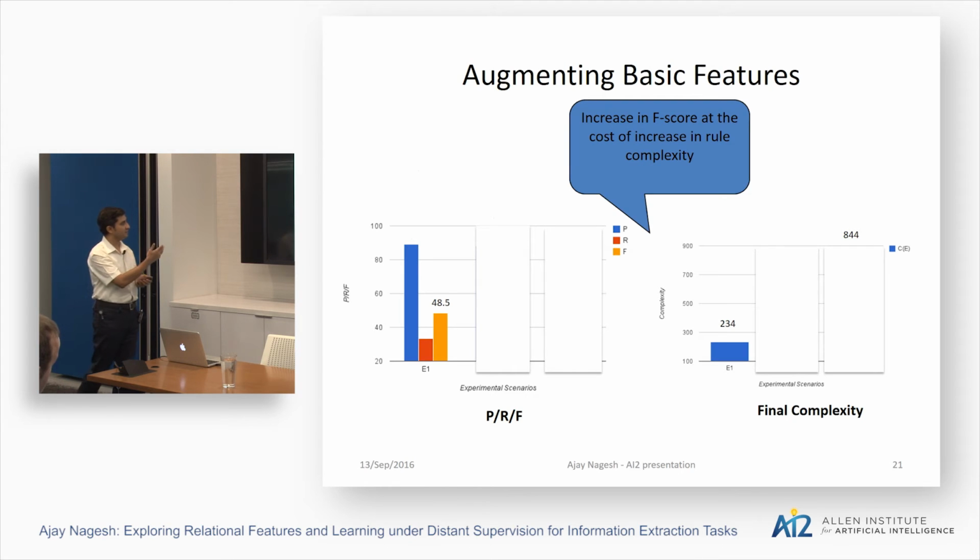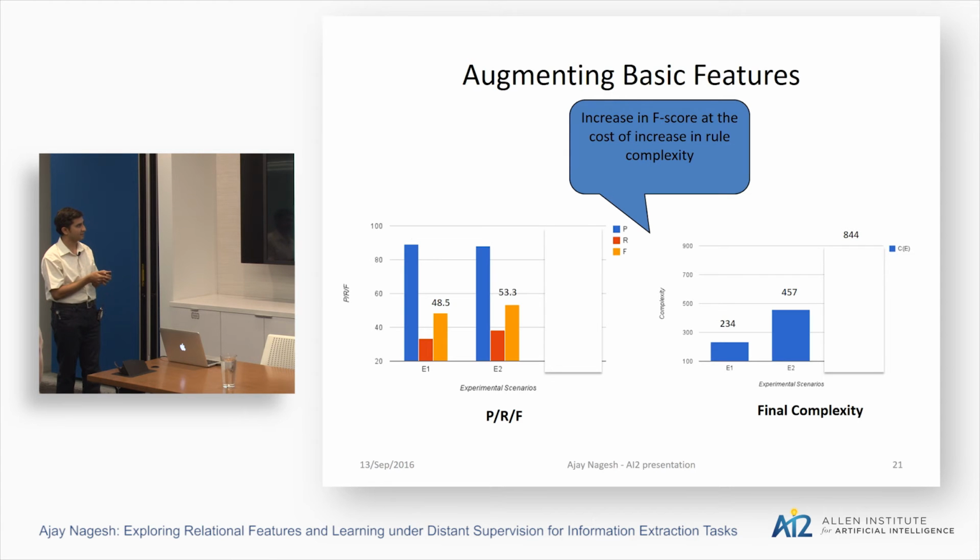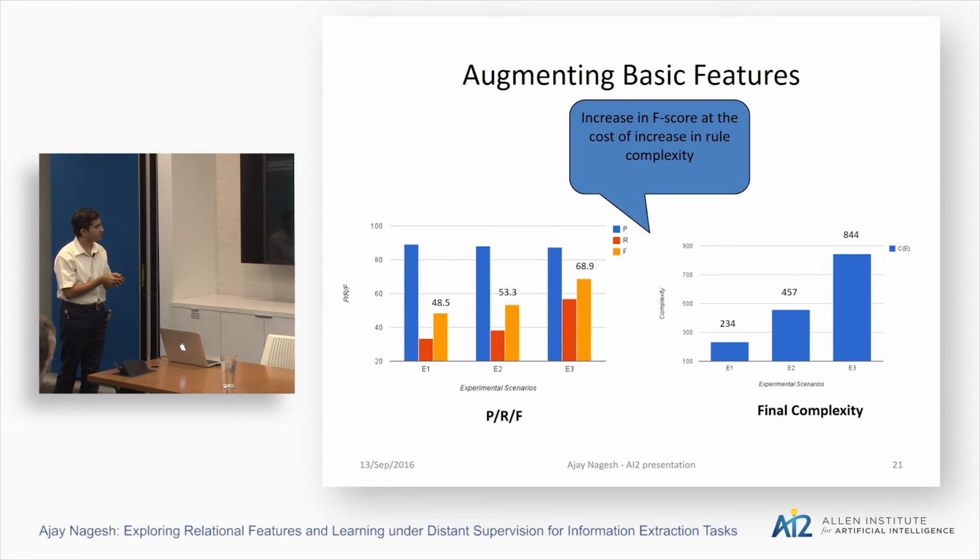So we have the E1 scenario, with an F score of 48.5 and the final extractor complexity, that one number. When we added more features, the domain independent set of features, we saw an increase in F score, mainly an increase in recall, and consequently the final complexity of the extractor also increased.